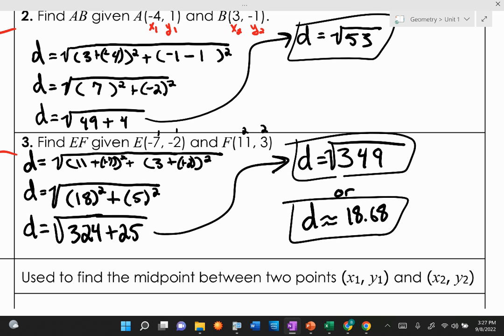If you've got the TI-30XS, it's the button right next to the 7. On the left, you've got to hit second first. Then that X squared button will pop up the radical for you. Then you just punch in whatever number you need and hit enter. If it gives it to you in radical form, you need to go to mode and make sure that it's on classic and not math print.